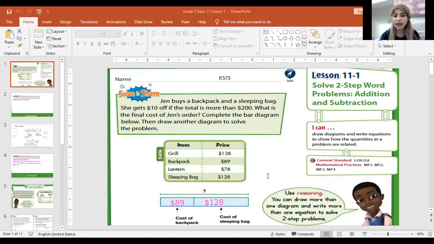We're going to add them together. Ones plus ones, 9 plus 8 is 17. So you will have 7 here.